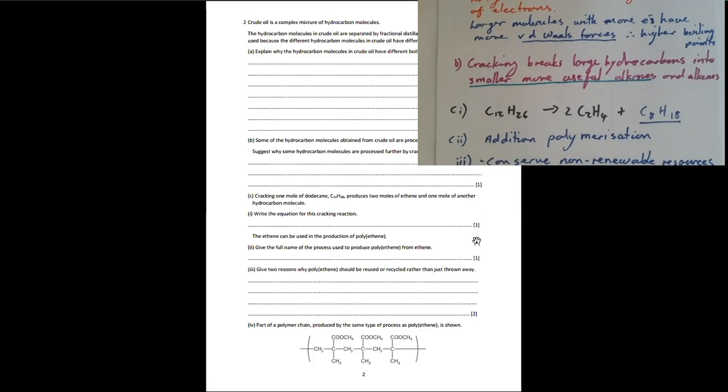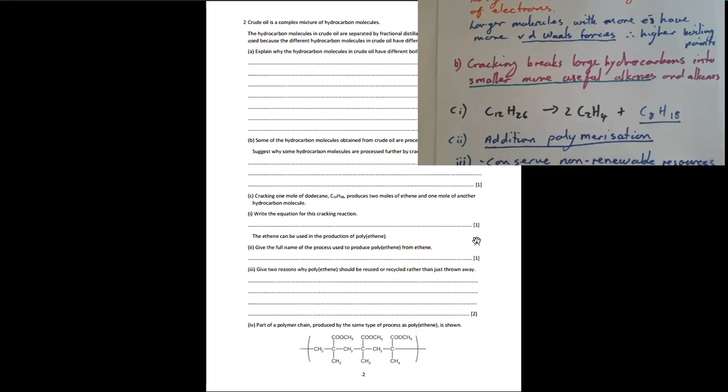Ethene can be used in the production of polyethylene. Give a full name for the process used in production of polyethylene. Well, it's addition polymerization. And guys, we don't do any other polymerization reaction. Only when we get to A levels again, we look at condensation type of polymerization. So we only do addition. So don't come up with any weird answers.